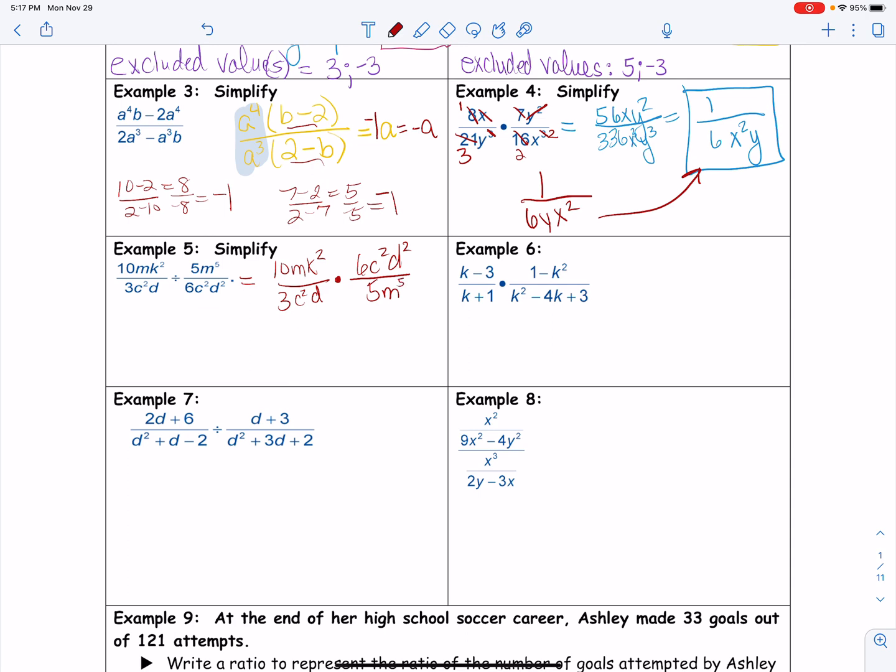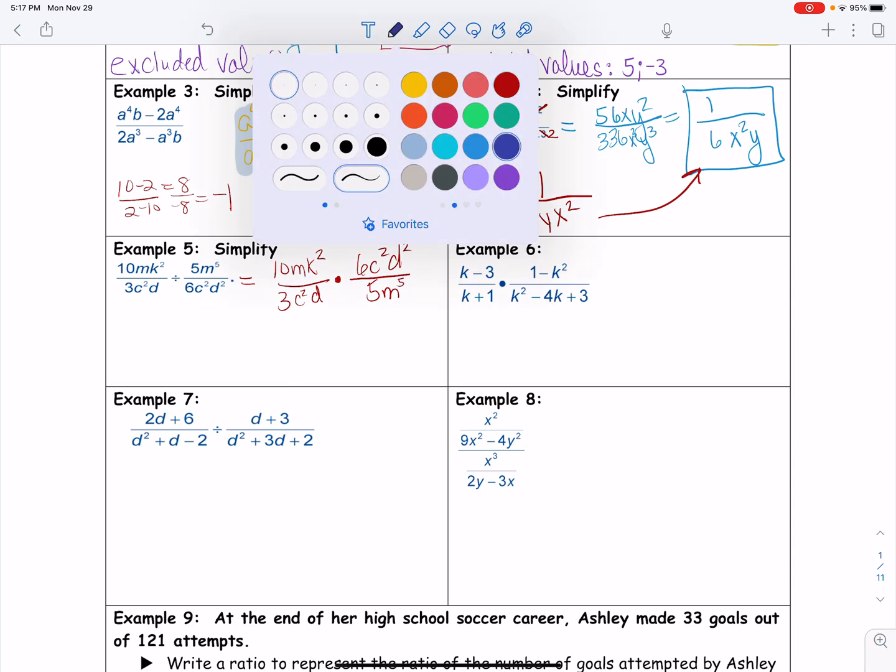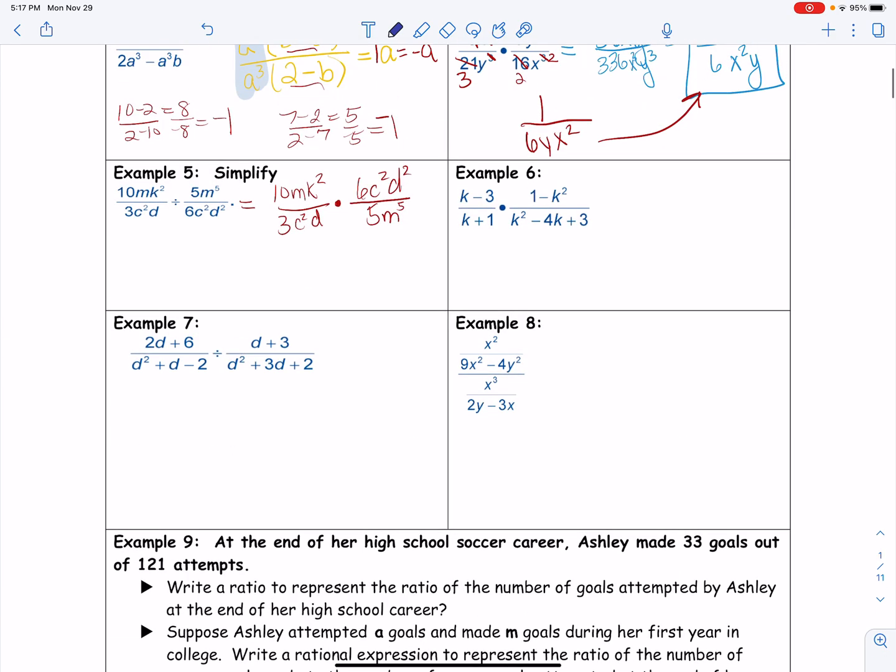All right, so now I'm just going to go straight across. So if I go straight across, I end up with 60 mk squared, c squared, d squared. Okay, and on the bottom you get 15, I'm just going to do it in the same order, m to the 5th, c squared, d. Okay, and so if I look at that, 60 divided by 15 is 4.